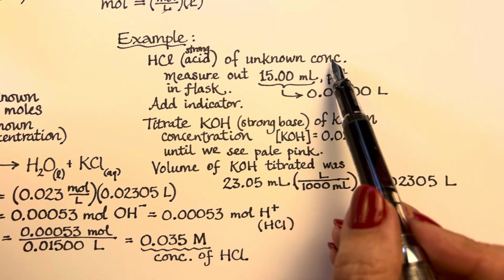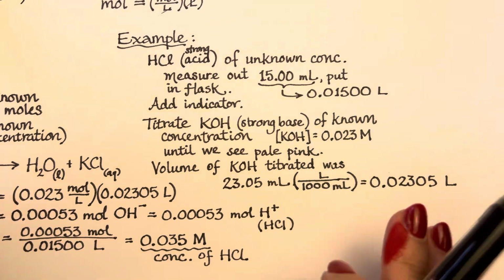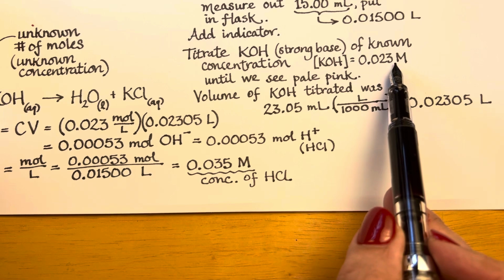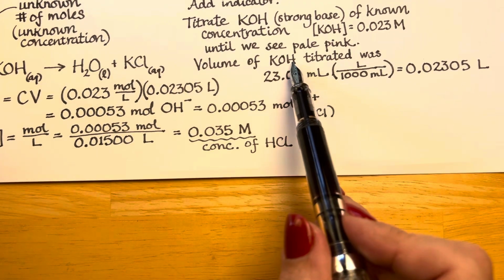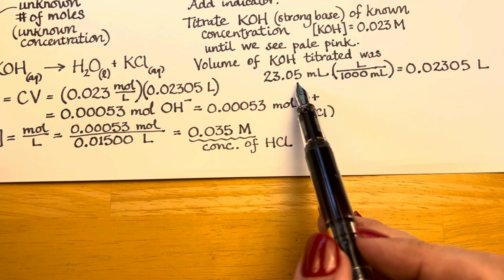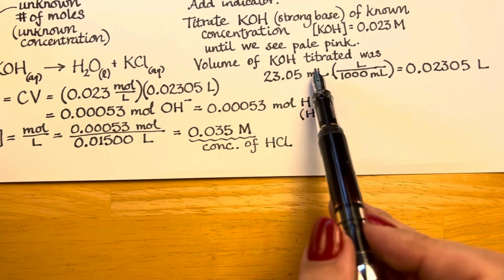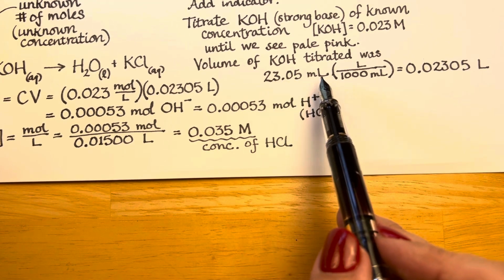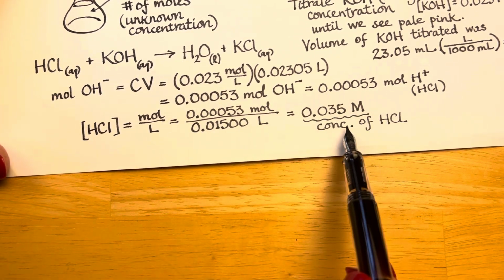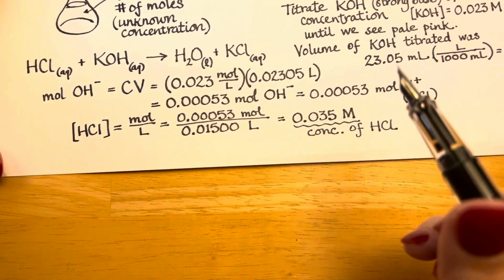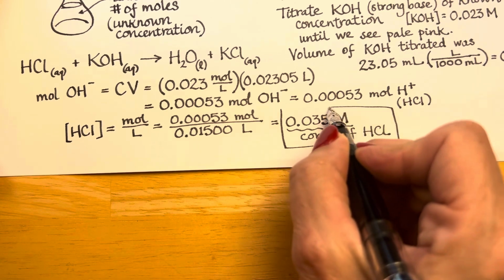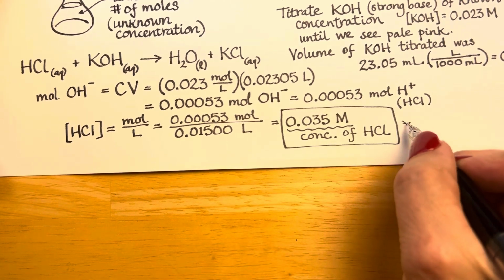We didn't know the concentration, but we titrated in a strong base where we did know the concentration. We measured how much of this base it took to reach the end point. This is how much we measured. Alright. And that allowed us to then carry out these calculations and determine the concentration of the HCl and get our final answer. Yay. Okay.